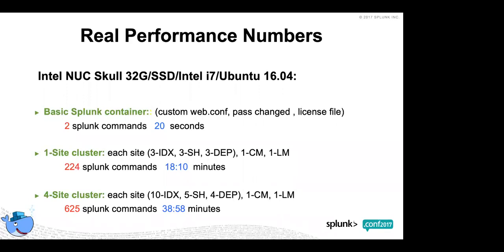But building a single site cluster on my MacBook Pro with 16 gig memory, nothing has changed, it used to take 18 minutes. Now it takes 10 minutes, literally. The same thing with multi-site cluster. If you go into multi-site clusters, I recommend you run it on a Linux box. 16 gigs of memory on Mac OS is not really good, and I'm not aware of any way to upgrade the memory in Mac OS unless you're just going to hack it.